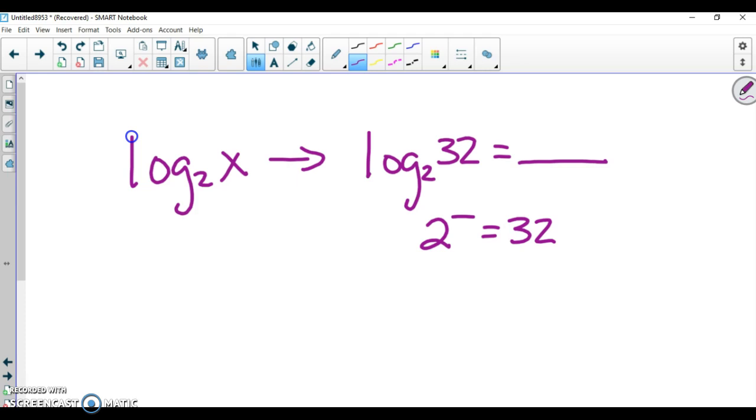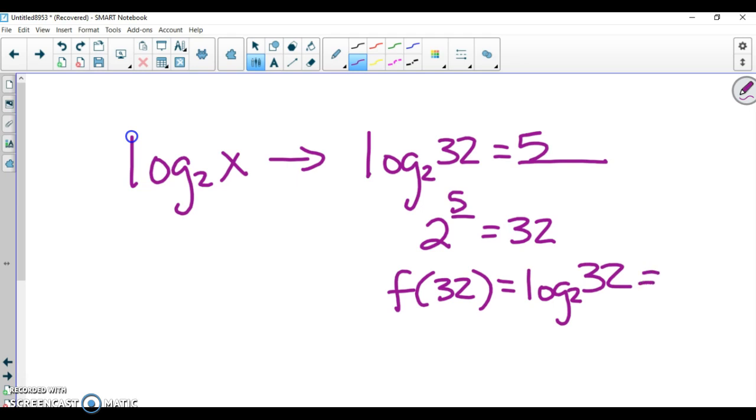If we multiply by 2 more, we're at the fourth power, 16. One more power, the fifth power, we are at 32. So we write log base 2 of 32 equals 5. We say f of 32 equals 5.